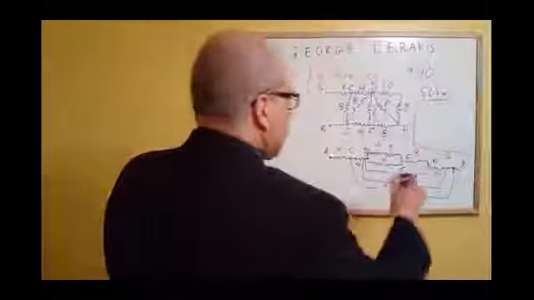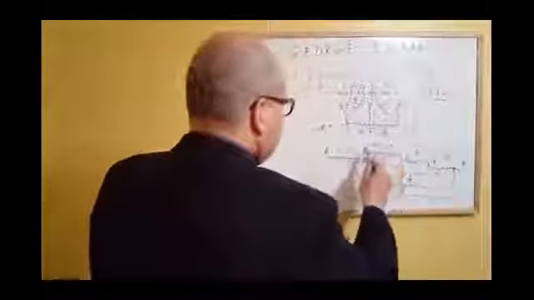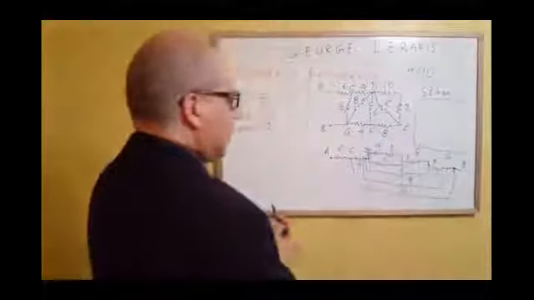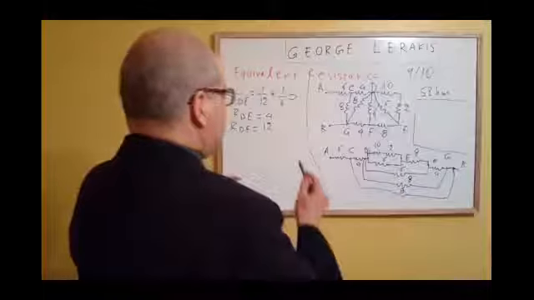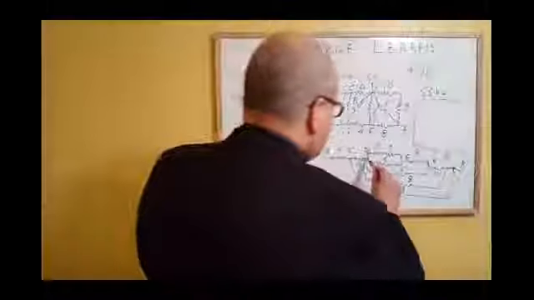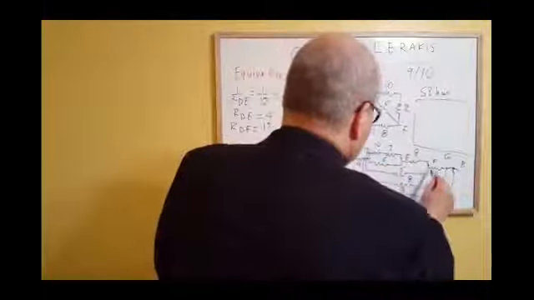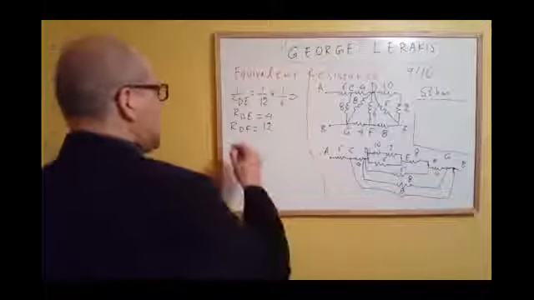So now all this combination here of resistors, which we found is 12 ohm, is connected in parallel with this here, which is 6 ohm.